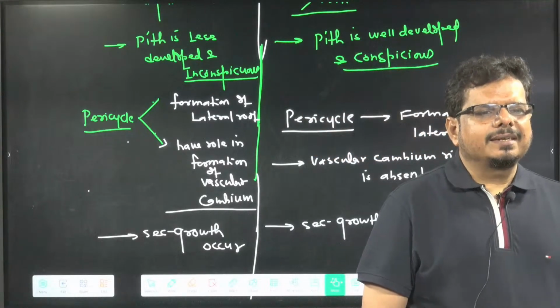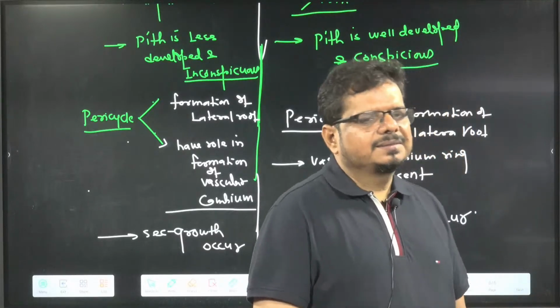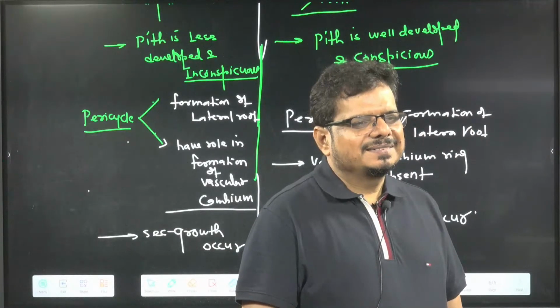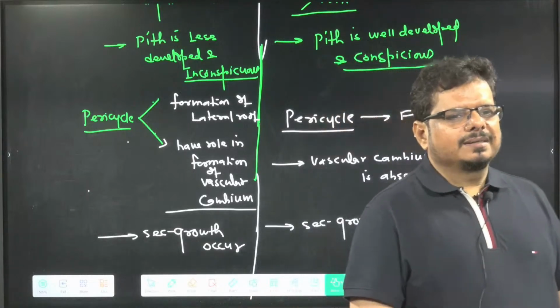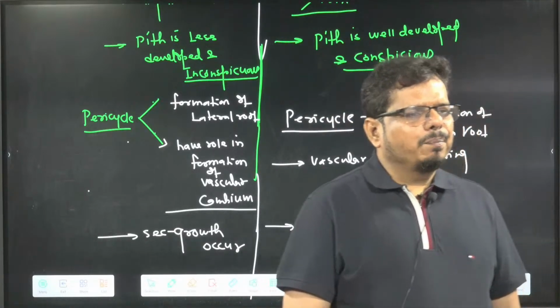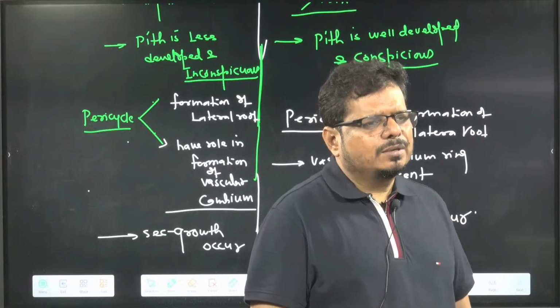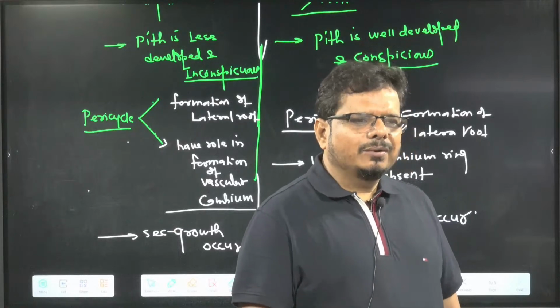Here also the answer is dicot. Pith is well developed in? Monocot, well done. And polyarch vascular bundle, more than 6 vascular bundles, present in monocot. Are you getting the idea?